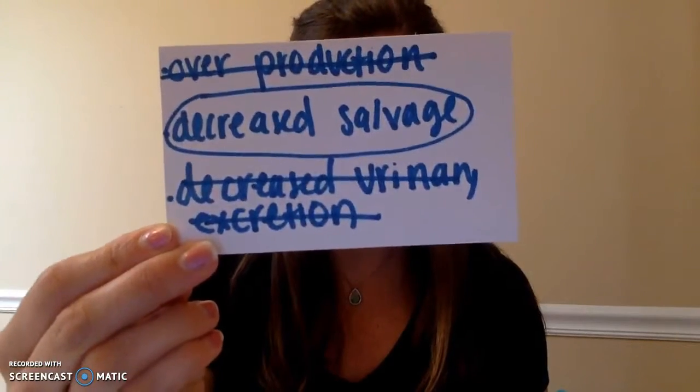decreased salvage of purines. So the final question here is talking about the potential impact of dietary modifications in gout. So this patient drinks lots of diet soda, and he recently started drinking lots of regular soda. However, both of these are high in fructose, and so fructose is bad. Fructose is going to increase the amount of uric acid that is present in the body.